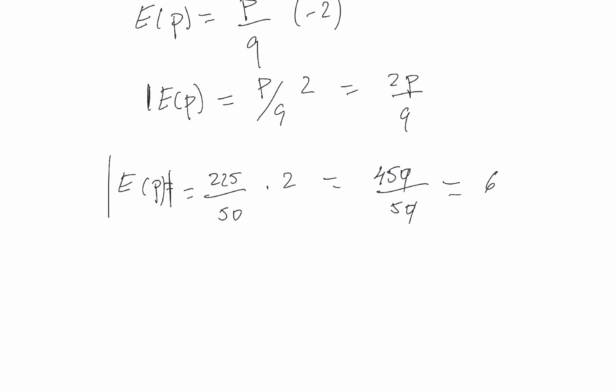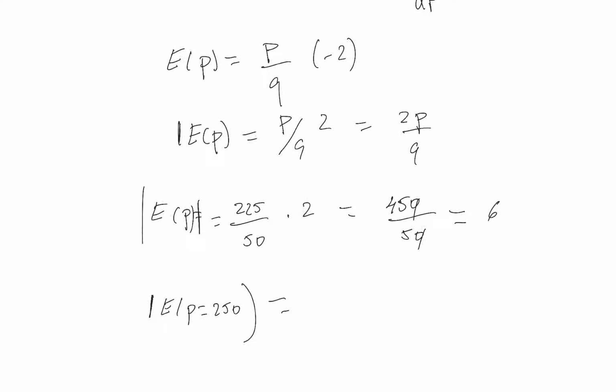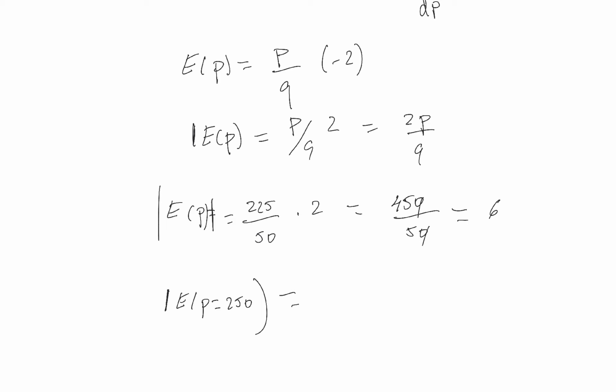What is the elasticity E when the price P is 250? It is P divided by Q, where P is 250 and Q is 0. If Q is 0, we cannot divide by 0.